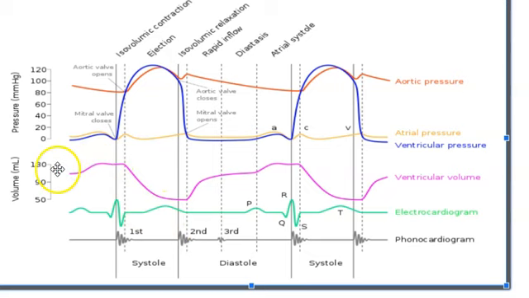If you take 70 divided by 130, you get the percent of blood that was ejected. So about 70 mLs, about 58% of the blood went out. That's a normal LV ejection fraction.